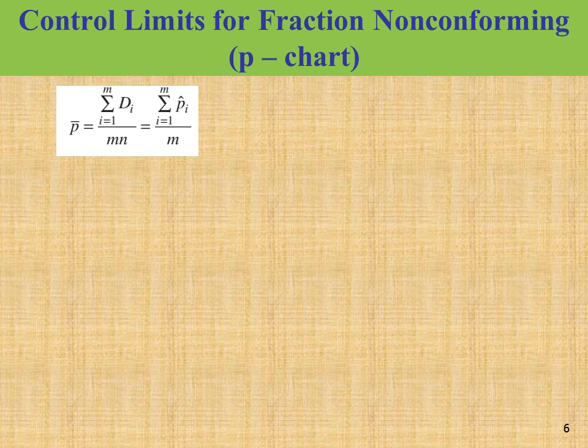Now suppose we select a small m number of samples from a production process and each sample contains n units, and then we evaluate how many defectives were produced in each sample, and then we add up all the numbers of defective items, that is given by sigma of Di, where i changes from 1 to m, that is we sum up all defective items for all of the samples and divide this term by m into n, that is the total number of units produced.